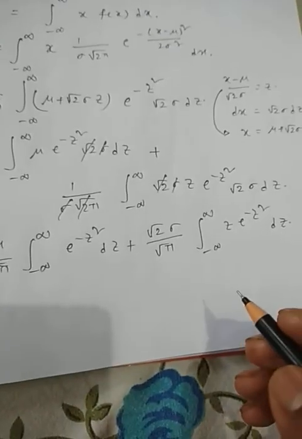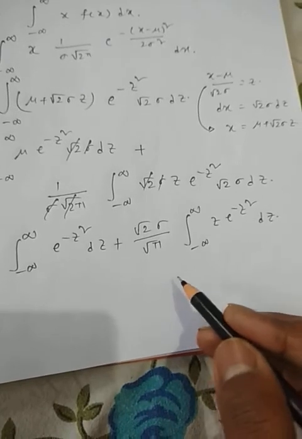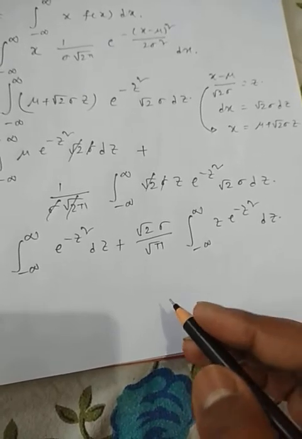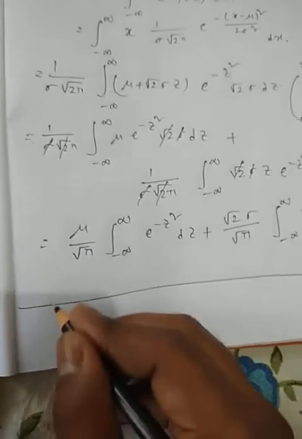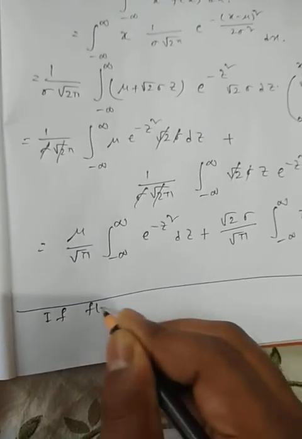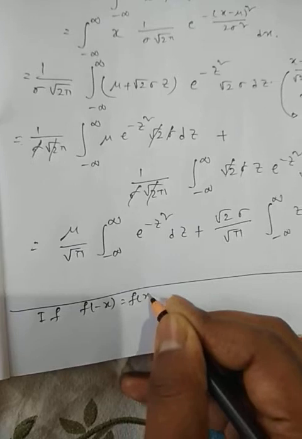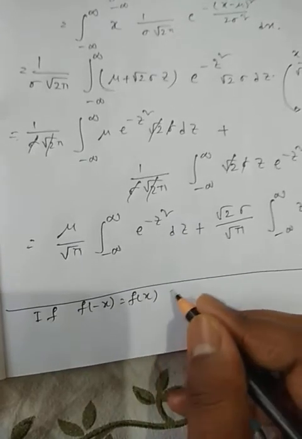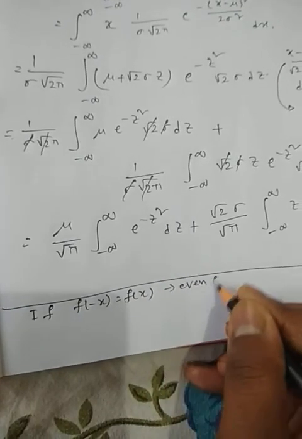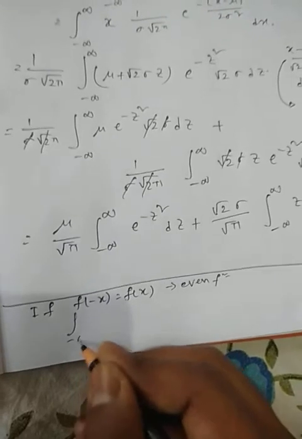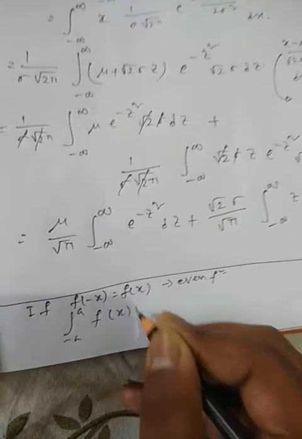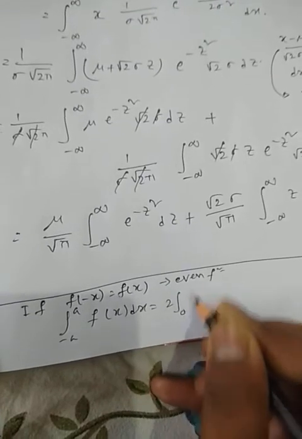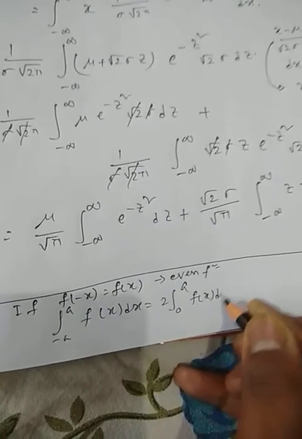Now I told you earlier the concept of even function and odd function. I am repeating it here. If f(minus x) is equal to f(x), then the function is called an even function, and in case of an even function, the integral from minus a to a of f(x) dx equals 2 into the integral from 0 to a of f(x) dx.